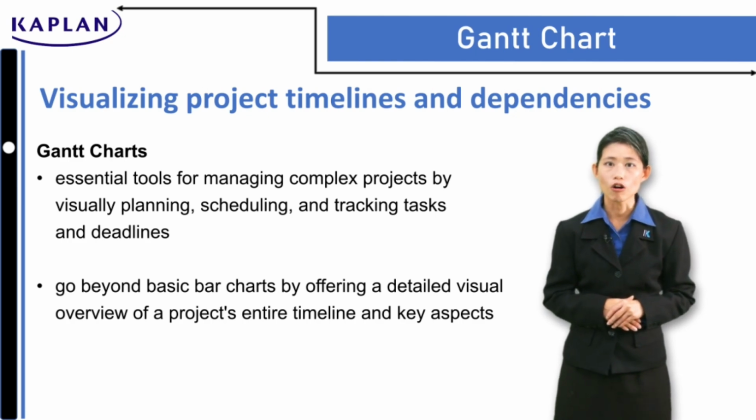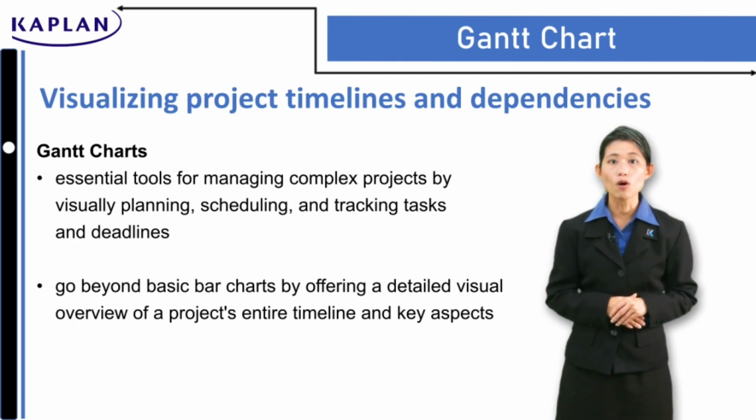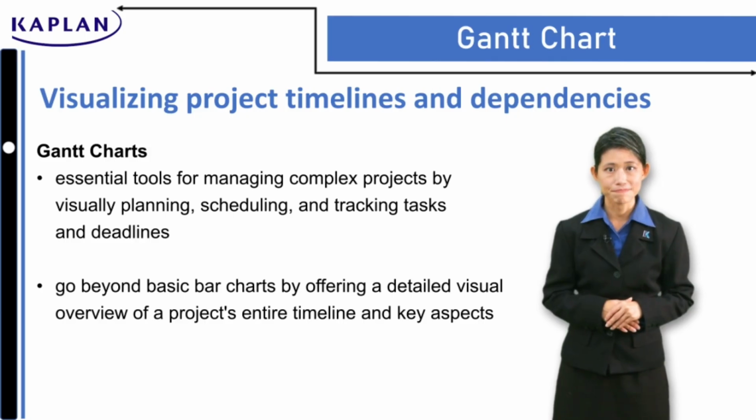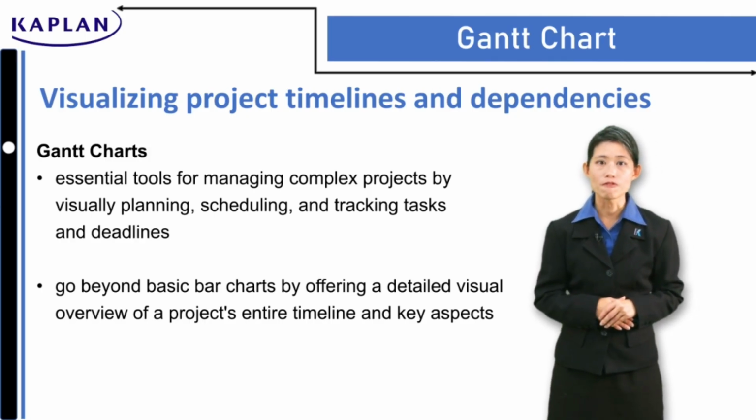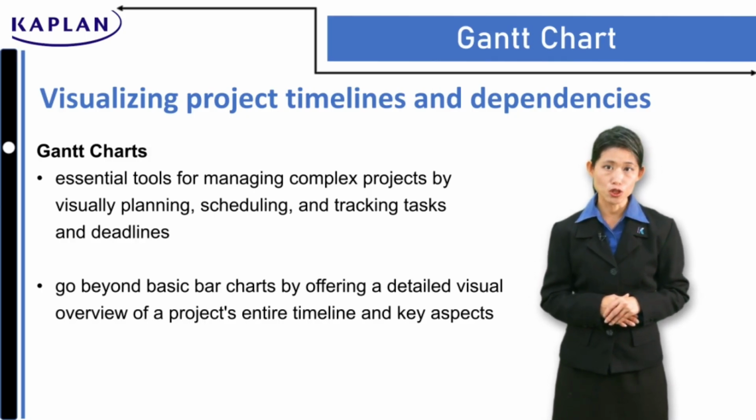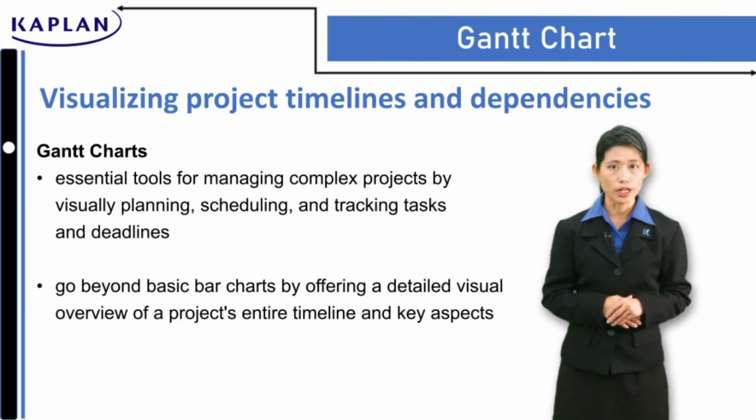At their core, Gantt charts resemble horizontal bar charts, but they offer a much richer picture than your typical bar chart. These diagrams provide a comprehensive visual overview of a project's entire timeline, encompassing several key aspects.